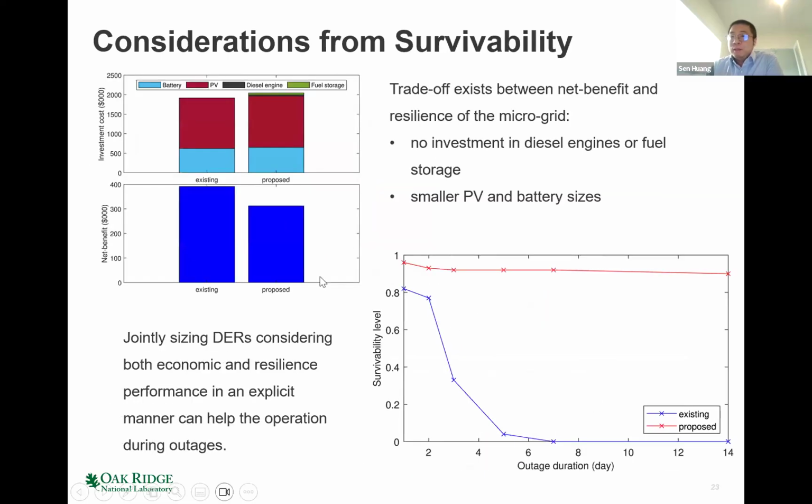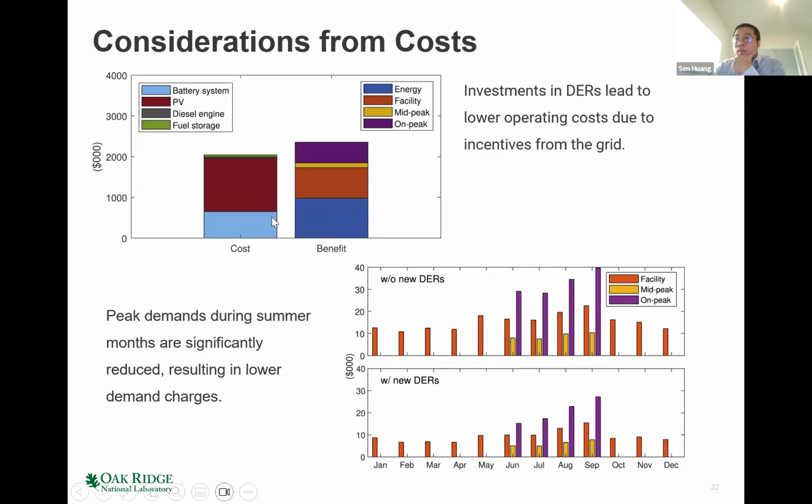And then the most interesting part is really the resilience part. As I mentioned, because we have investment in the equipment, that definitely causes some decrease in benefit, because you can see most of the benefits are cut out by the cost.